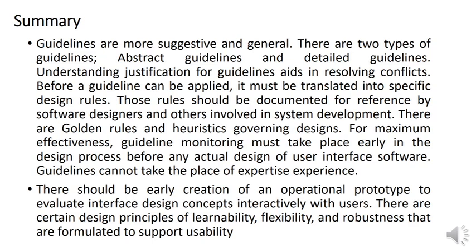Understanding justification for guidelines aids in resolving conflict. Before a guideline can be applied, it must be translated into specific design rules. Those rules should be what? Documented for reference by software designers, and others involved in system development must be notified.